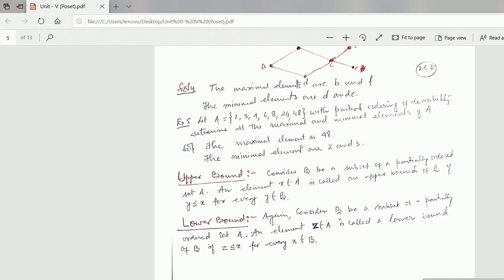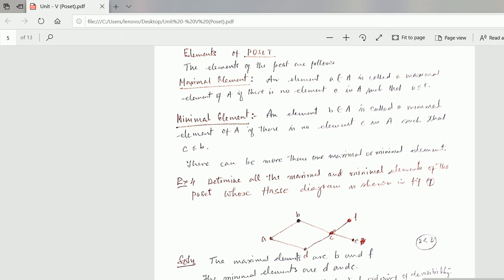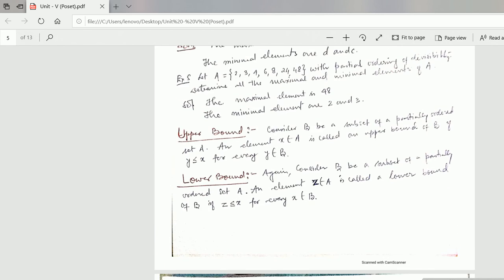The minimal elements are 2 and 3. According to the definition, an element B belonging to A is called a minimal element of A if there is no element C in A such that C is less than or equal to B. Take minimal element 2: there is no element which is less than this 2.